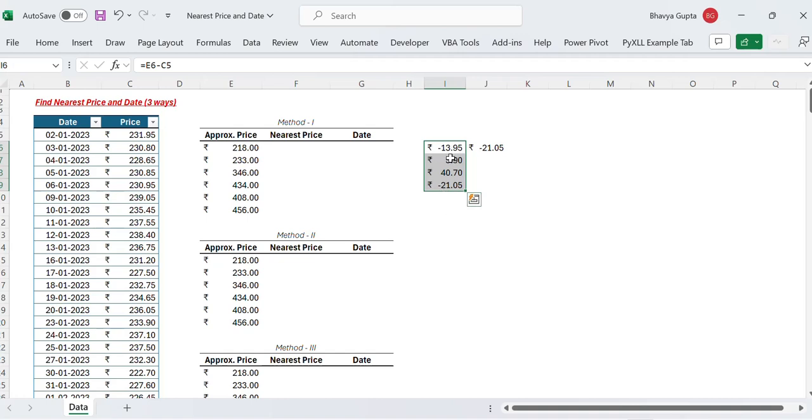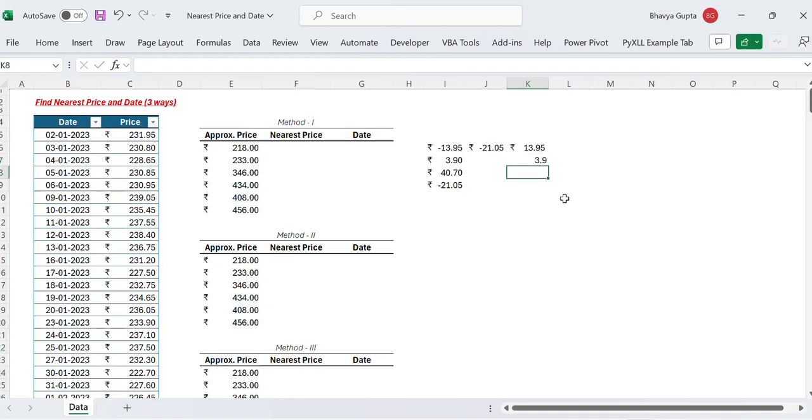We don't have to consider these differences as they are, but we have to transform them so that they all have the same direction, either on the negative side or the positive side, but their sign should be the same, and then we can make the comparisons. So let's change this to 13.95. This will be as it is, 3.9.